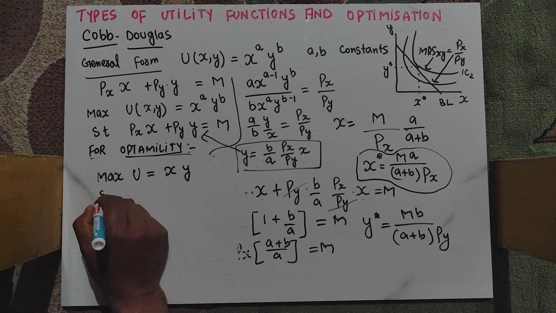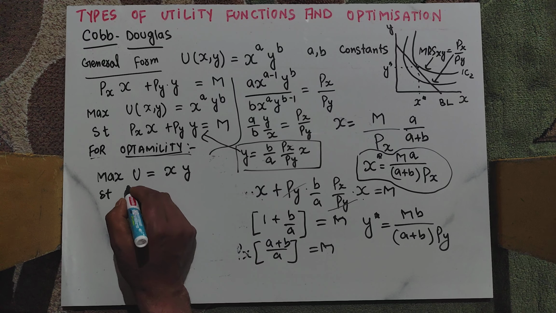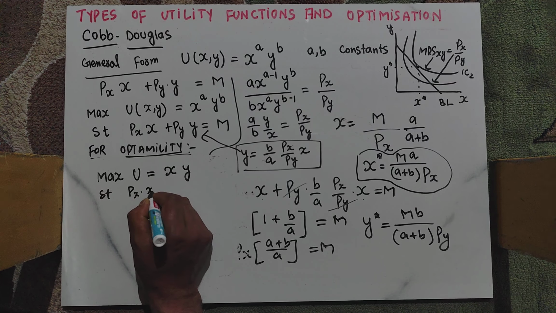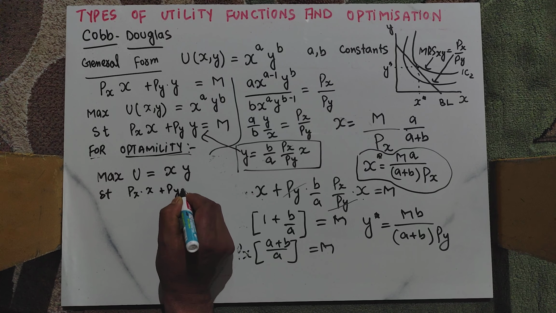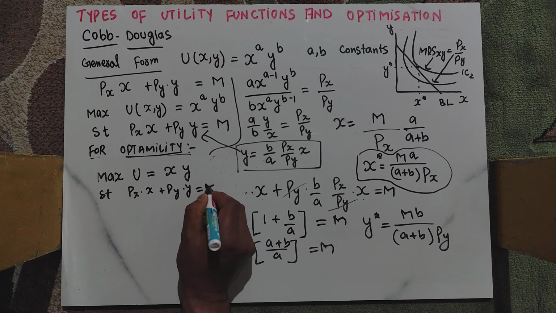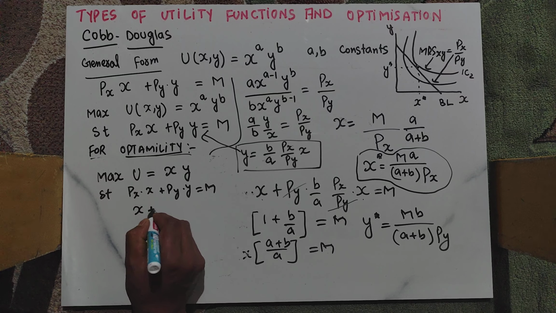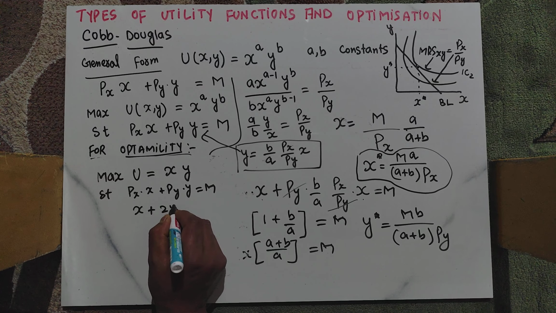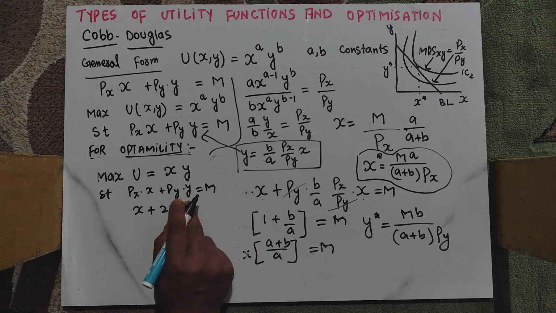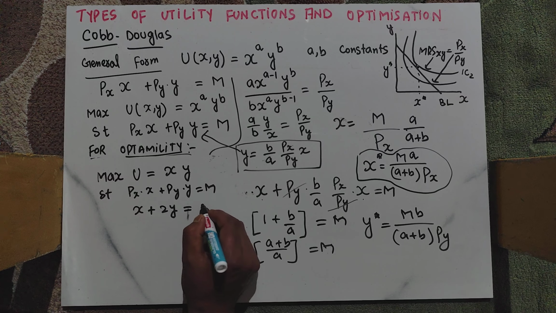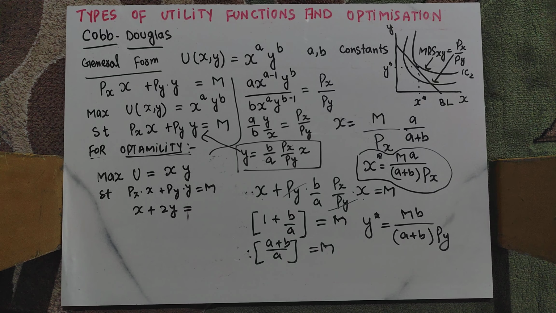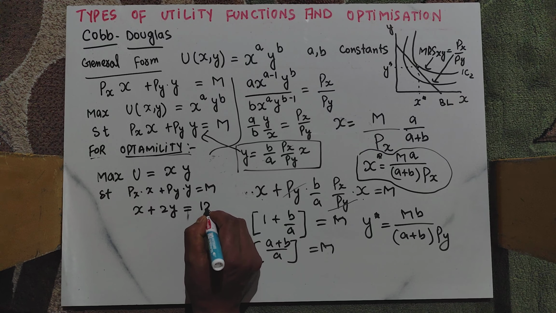Suppose Px into X plus Py into Y should be equal to M. Let us take the price of good X as 1, so we have X plus the price of good Y, let us take 2, times Y should be equal to income. Let's take an arbitrary income, say 12.